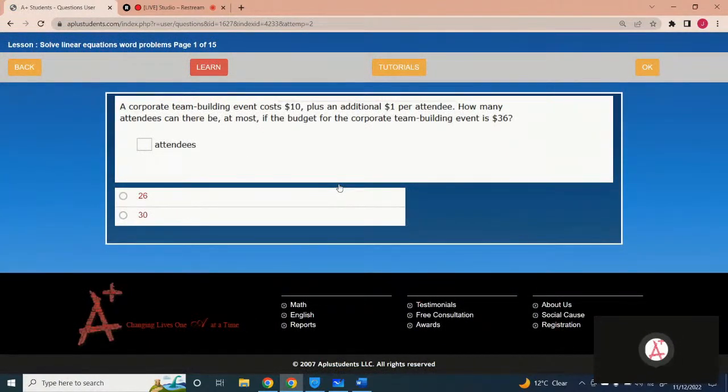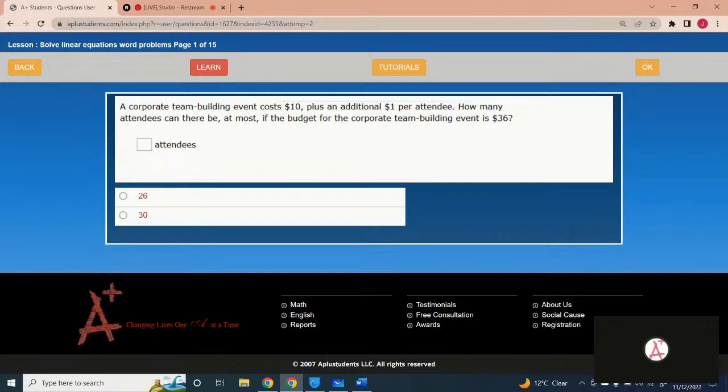A corporate team building event costs $10 plus an additional $1 per attendee. How many attendees can there be at most if the budget for the corporate team building event is $36? Got it?